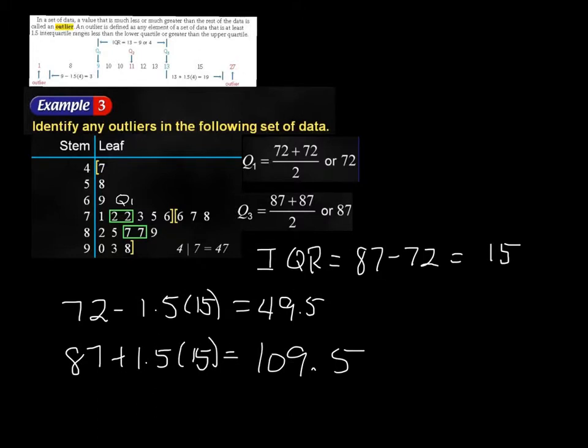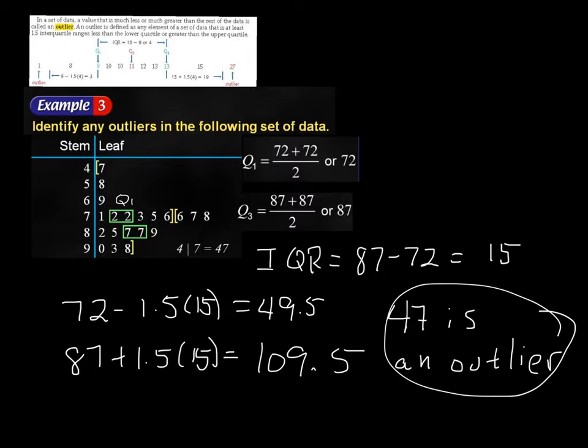Now, looking back at our list, we don't have any values greater than 109.5, but I do have one number less than 49.5. So 47 is an outlier.